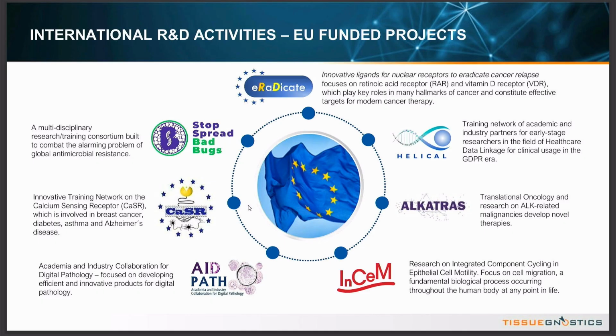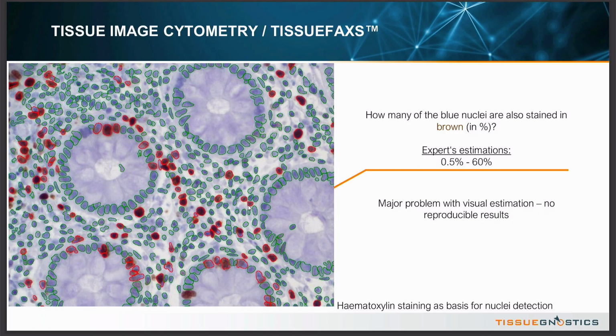These 5 projects already finished. Ongoing are these 2, SSBB with the Erasmus Medical Center in Rotterdam in the Netherlands on the increasing problem of multi-drug resistance in bacteria, and Eradicate with Medical University Vienna on stem cells and cancer stem cells.